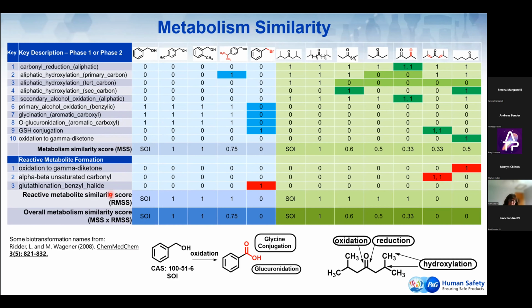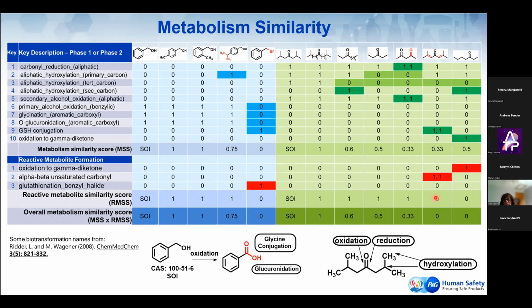So we define a second metabolic fingerprint, which is the reactive metabolite fingerprint. We list the reactive metabolism transformations known to occur, and then we specify the presence or absence of those transformations for the different molecules.